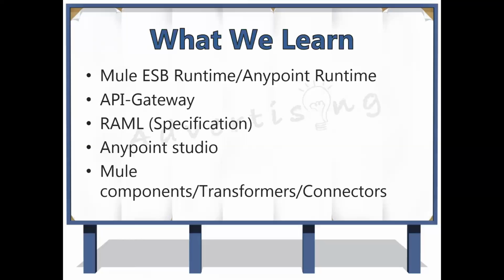And the RAML specifications. Basically, a RAML specification is a contract you define first before developing any REST service. What do I mean by contract? If I have a partner and we want some API to be exposed, it's not a part of Mule ESB, it's a different specification.